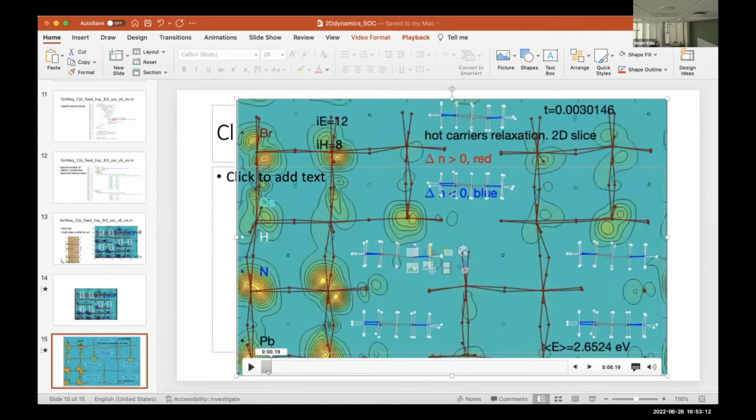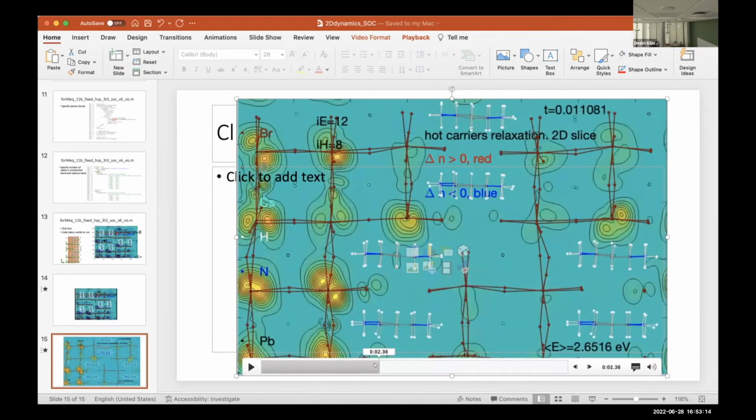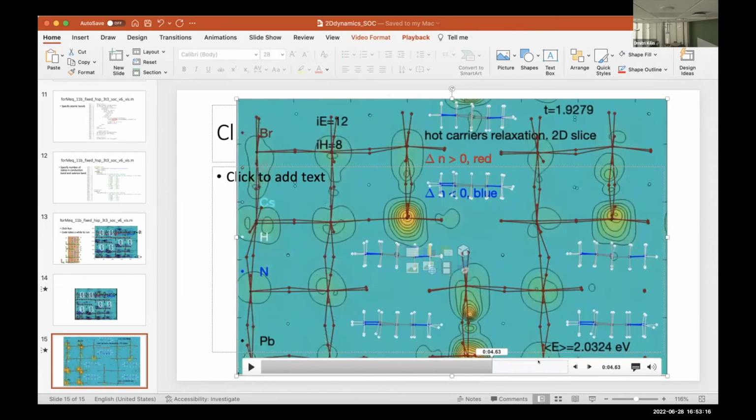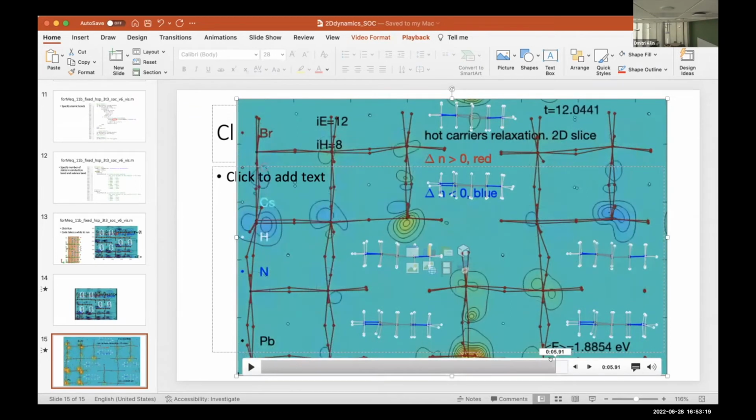So like this frame, and then this frame, then this, then this. If you wanted to do this specifically in a paper, you would probably have to do a series of frames instead of a video. That was the main result from it.